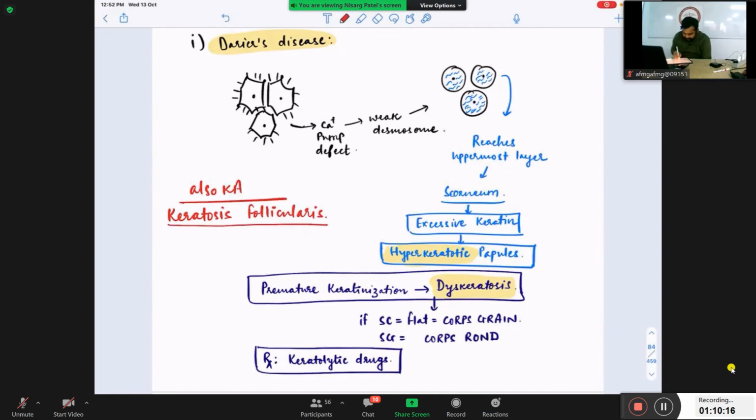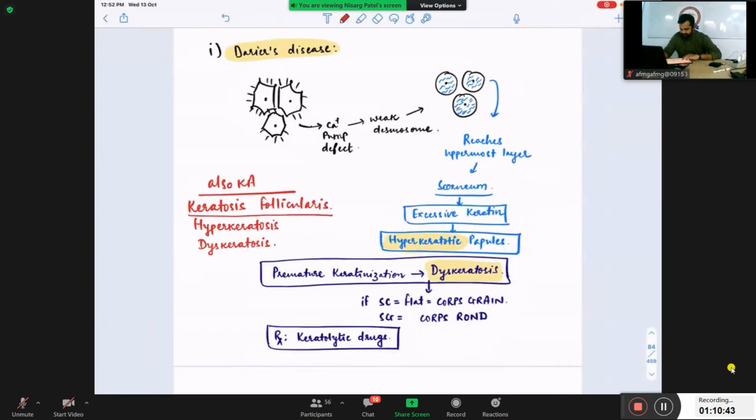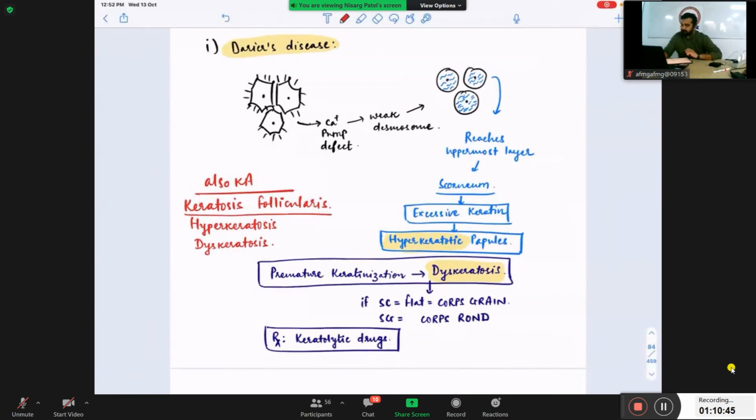So from this name, you can remember like this: this patient is having hyperkeratosis and dyskeratosis. Okay.